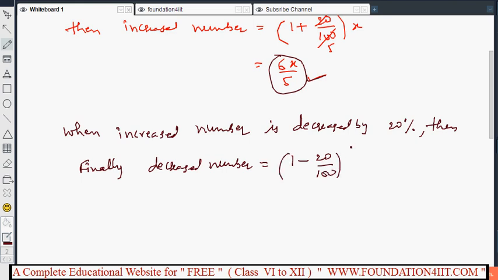Which number we need to decrease, that we should write, that is 6x by 5. If we solve this, 1 minus 20 by 100, cancel, 5 minus 1, so 4 by 5 into 6x by 5, so 24x by 25.